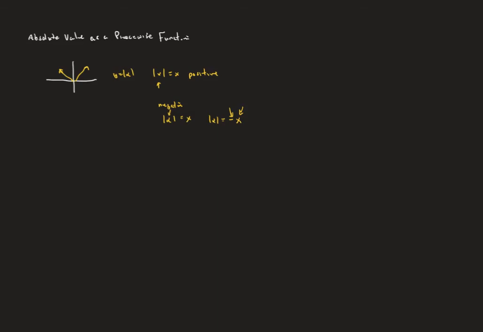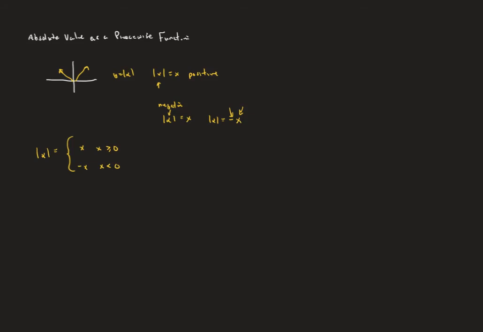As a result, the actual mathematical definition of absolute value of x is that it is just what you see, the face value x, whenever x is greater than or equal to 0, but it's going to be the opposite of x whenever x is negative. So there is the piecewise definition of the absolute value of x.